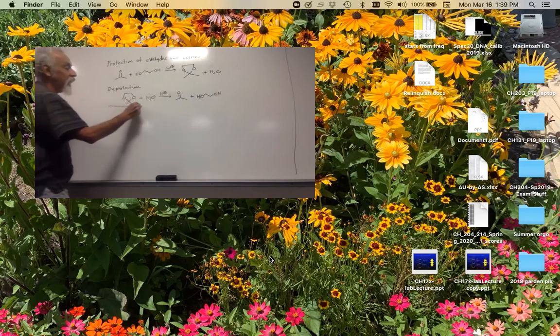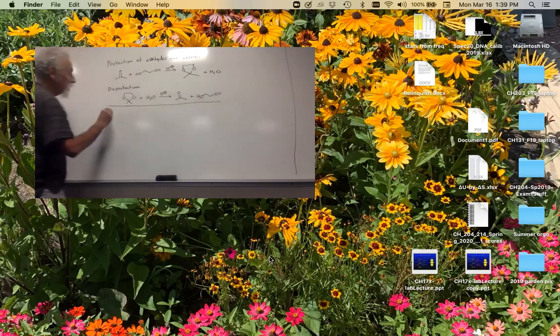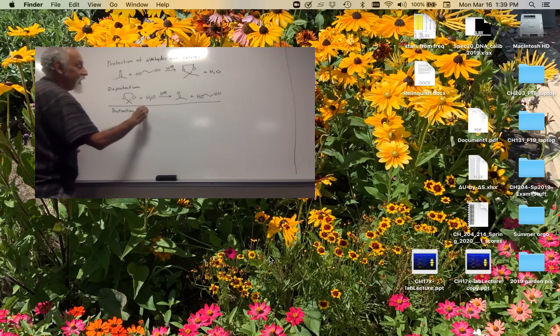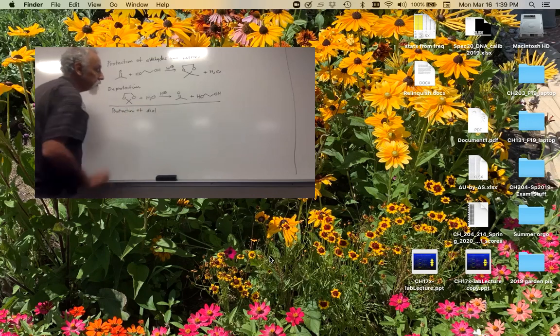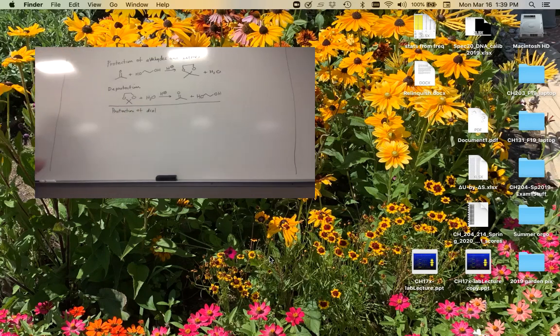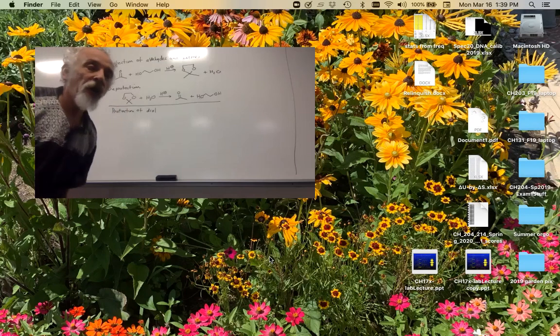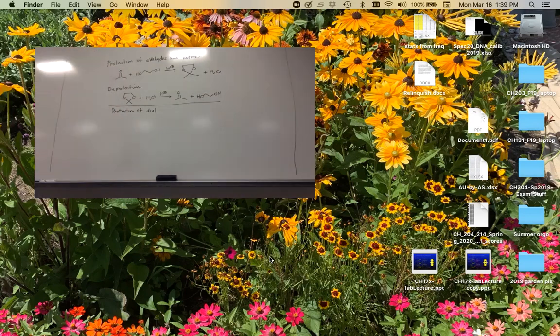Very, very related to that would be the protection of a diol. So, we've talked about a couple of reactions where the OH group is not compatible with something we're trying to do. What I'm really thinking about is the Grignard reagent, right?